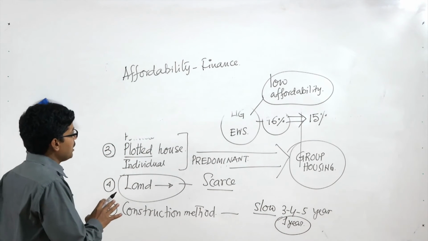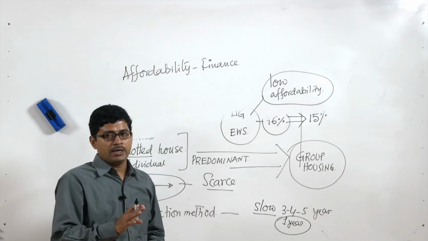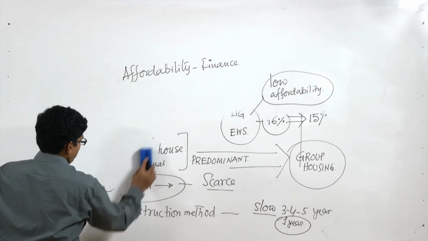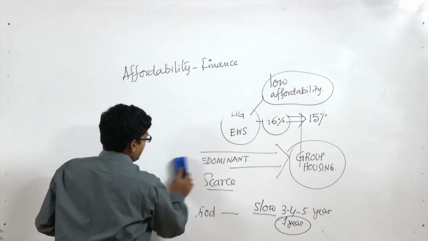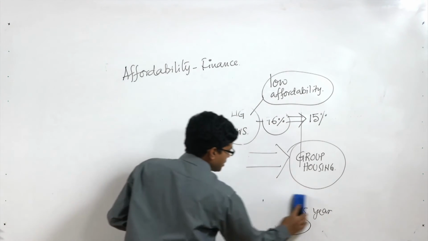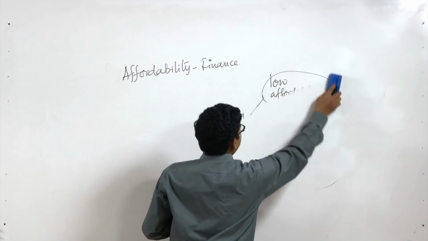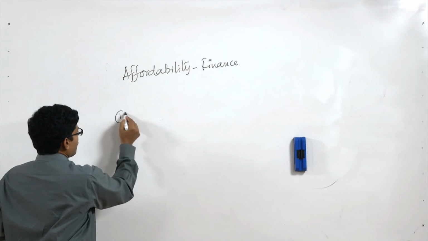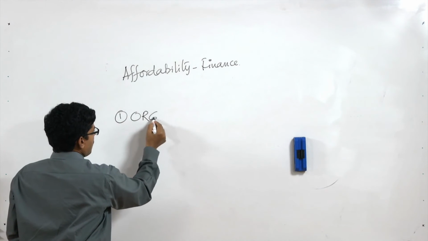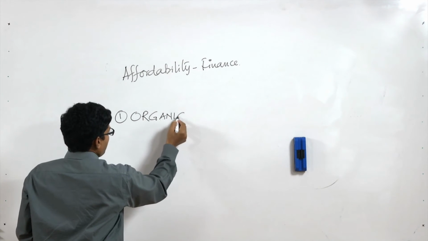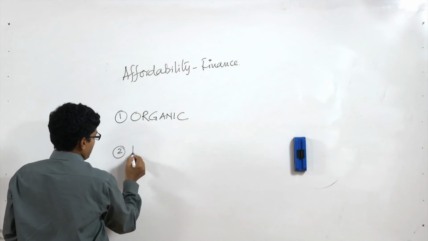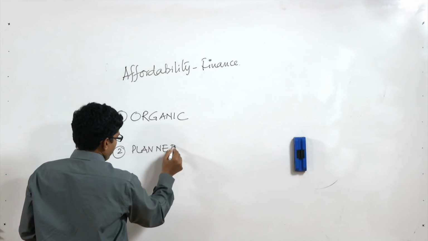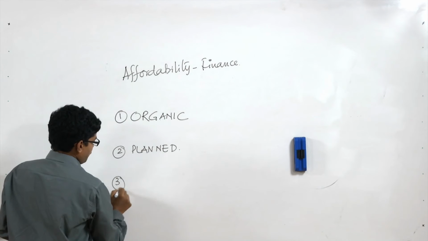Apart from this, the Indian housing situation is characterized by various different kinds of properties. If you recall our discussion from the last lecture, where we discussed various typologies of house, like organic, planned and informal.